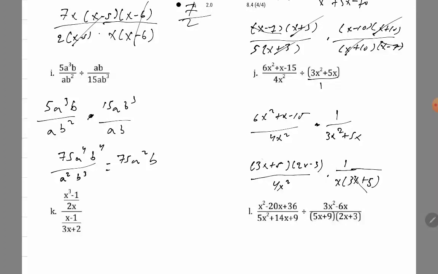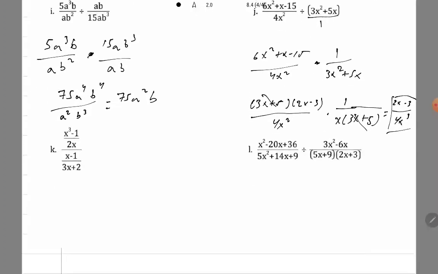Okay, that's going to cancel out with that. And I'll get 4x cubed in the bottom, so I'll have 2x minus 3 over 4x cubed. x cannot be 0, because the denominator will be 0.